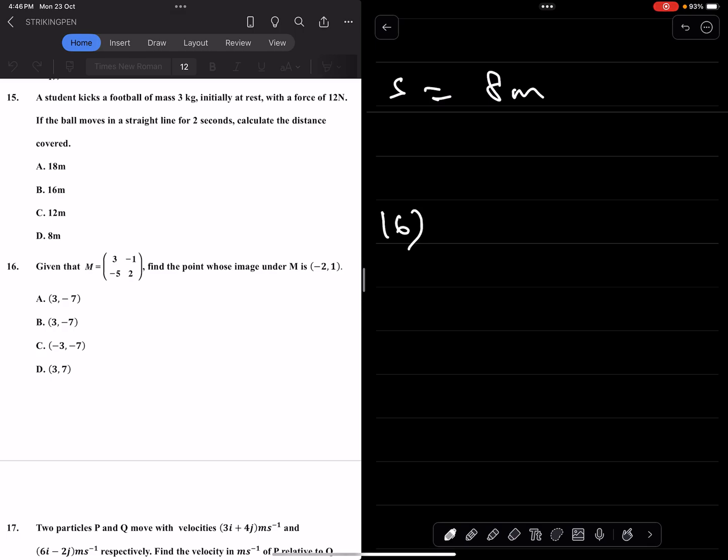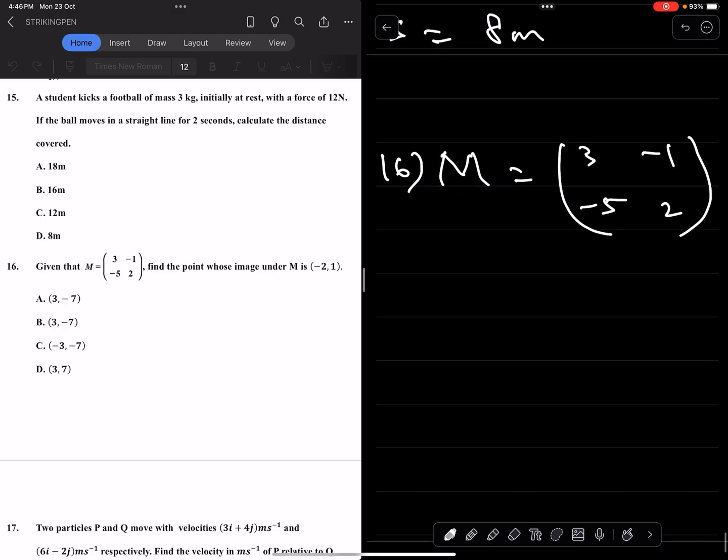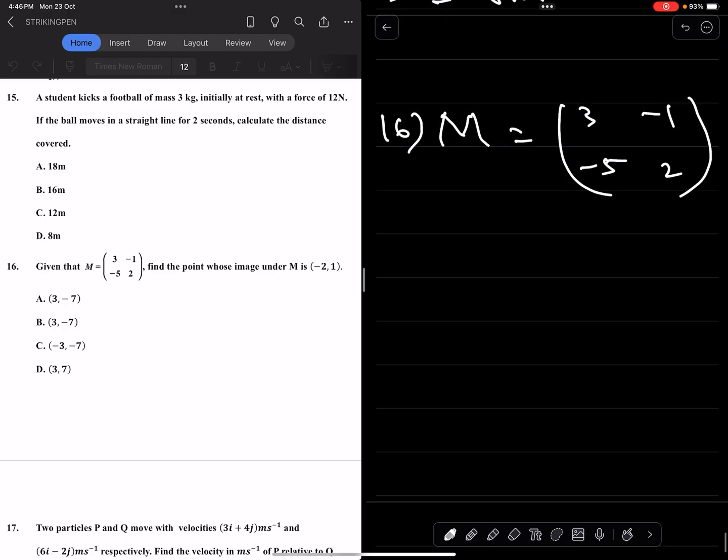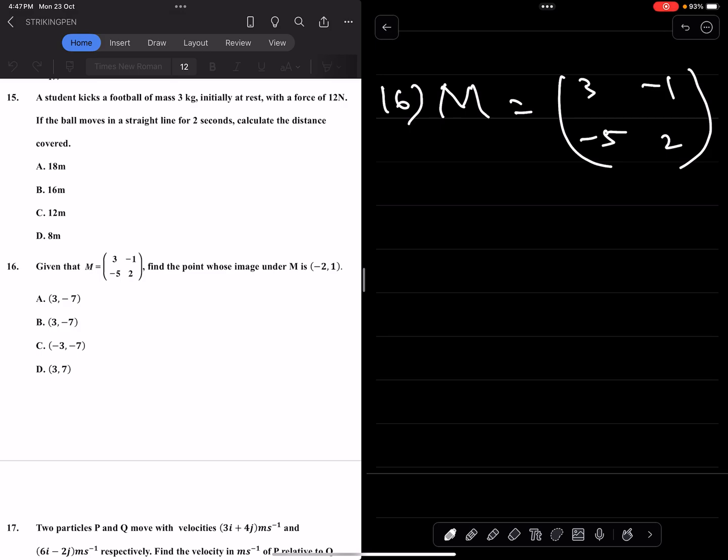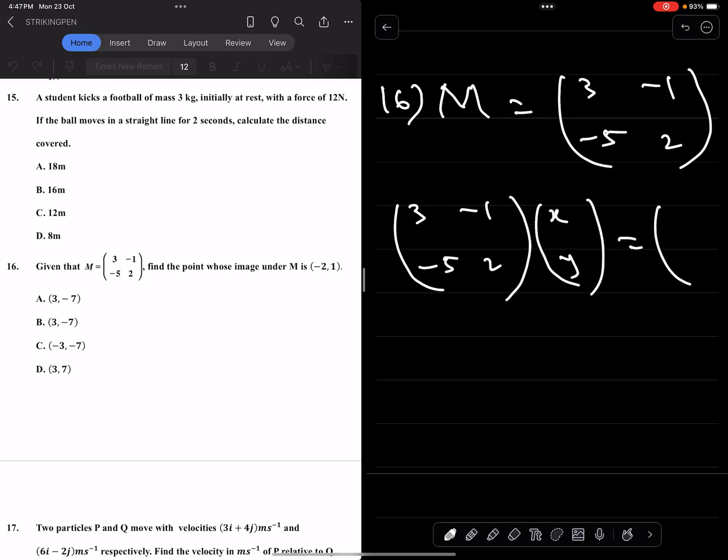How do we do that? Given that M is a matrix with elements 3, minus 1 and minus 5, 2. Find the point whose image under M is minus 2, 1. Okay, what does that mean? We just multiply this matrix 3, minus 1, minus 5, 2 by this matrix, and that will be equal to minus 2, 1.